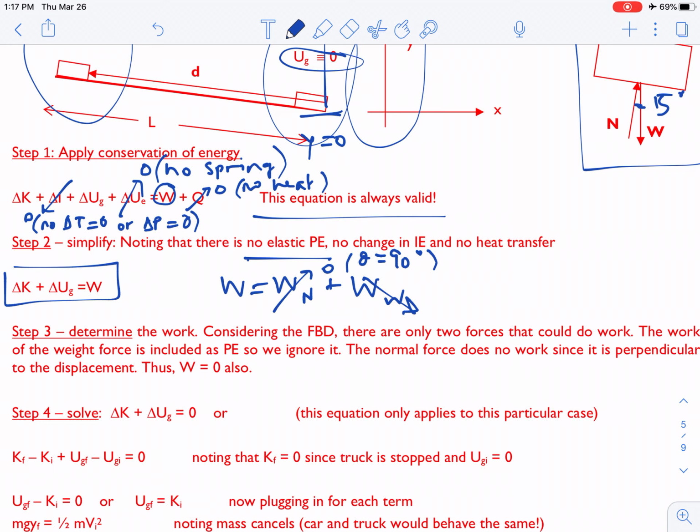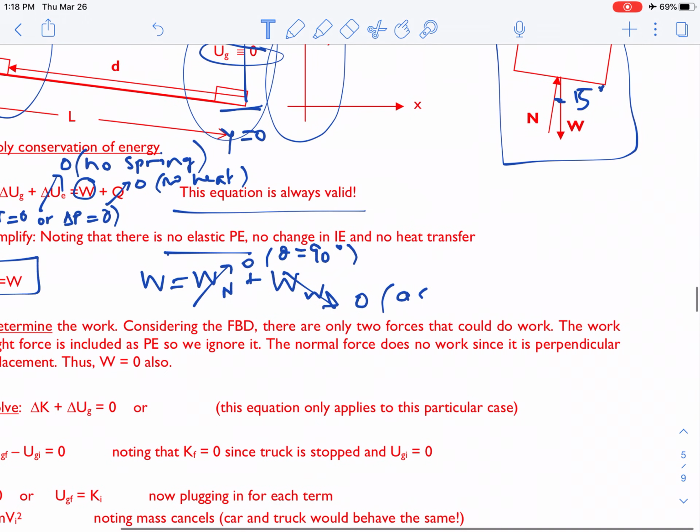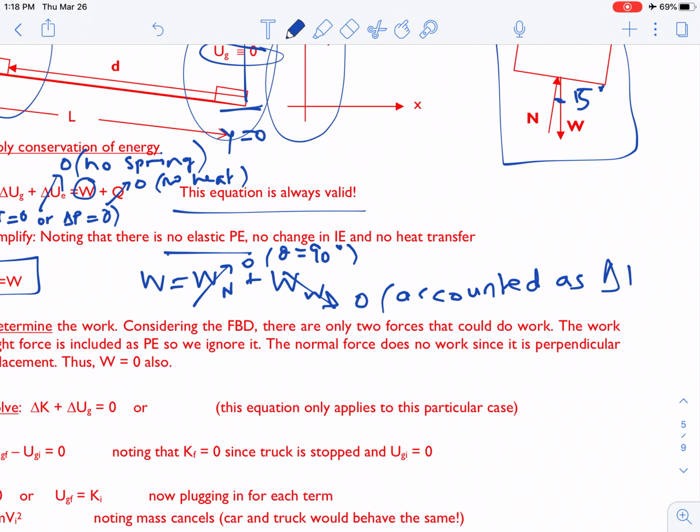But when I put it in the energy conservation, I'm going to take it as 0, and I'm going to say it is accounted as delta UG.